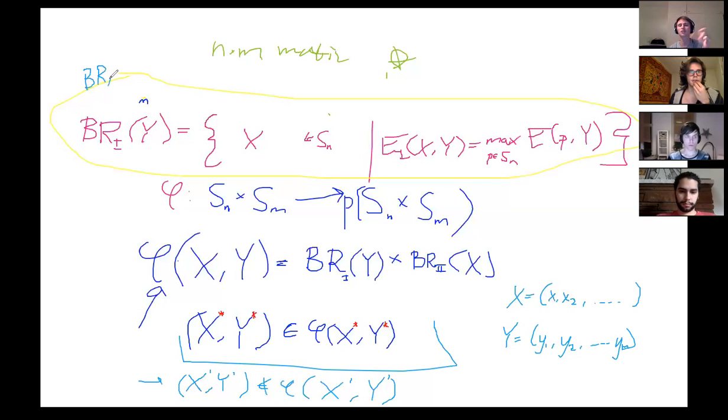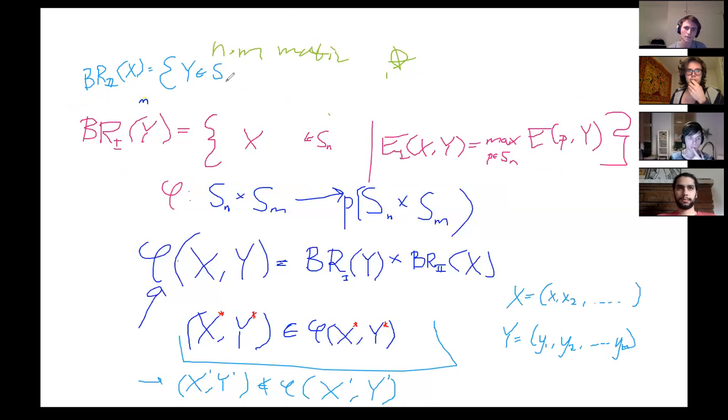Exactly. Okay, so it goes through all of the different strategies. Yeah. For a particular input strategy for player two, it outputs a set of all of the optimal responses for player one to that. Yeah. So it outputs a set, but it takes a single value as input. Yes, exactly. Okay, that makes sense.